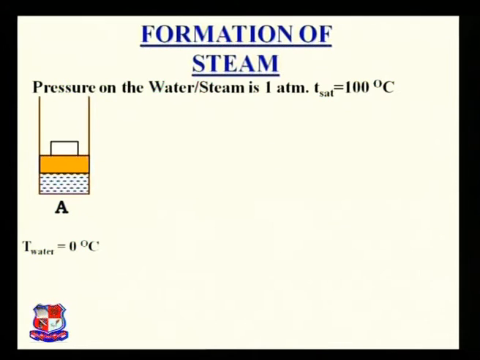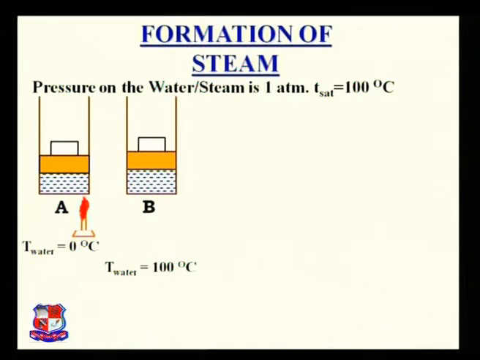Consider, as we have studied, the frictionless piston and cylinder assembly having water at 0 degree centigrade temperature, and we termed it state A. Now if we want to generate the steam, we have to heat it. When we supply the heat, the temperature of water increases slowly and reaches the boiling point temperature or the saturation temperature.